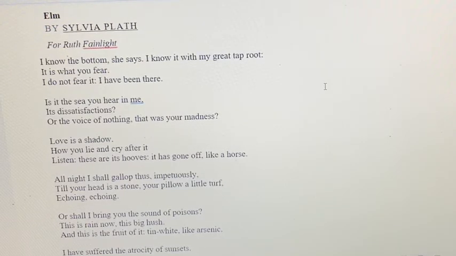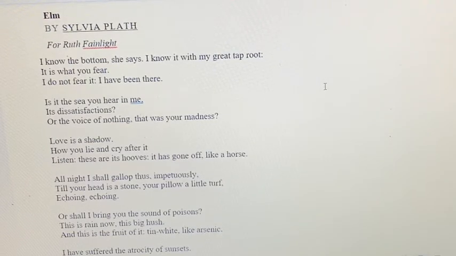Or the voice of nothing that was your madness? Love is a shadow. How you lie and cry after it? Listen, these are its hoofs. It has gone off like a horse. All night I shall gallop thus impetuously, till your head is a stone, your pillow a little tuft, echoing, echoing.